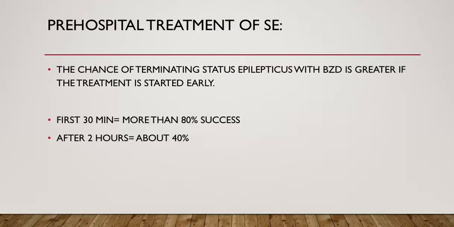If we start treatment in the first 30 minutes, we have a more than 80% success rate of terminating the status epilepticus. If we delay starting treatment until after 2 hours, the success rate reduces to about 40%. So I want to show you how important it is to start treatment soon.